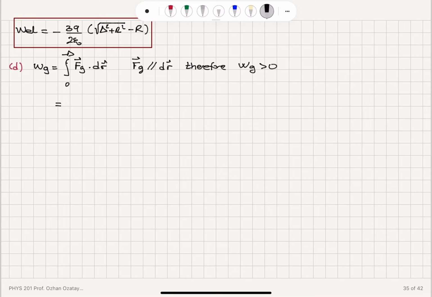So we find that this should be equal to mg, the gravitational force, multiplied by the displacement, mg delta. It's a constant force, so we're just multiplying the force with the displacement and noting that they're in the same direction, so the work done by the gravitational force has to be positive.